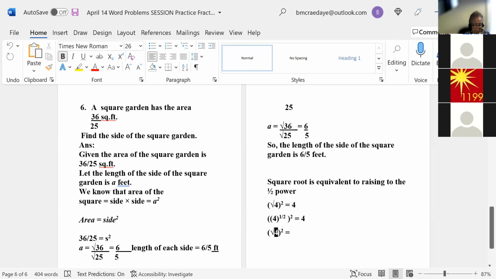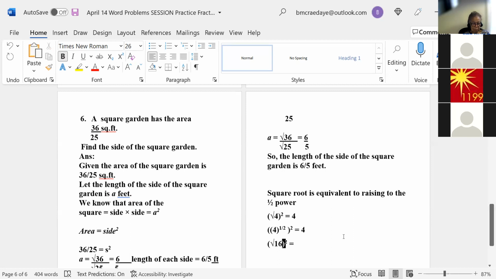What do you get for your answer? So when you put this, you get 16 to the 1/2, and 2 times 1/2 is 1. So you get back just 16, right?